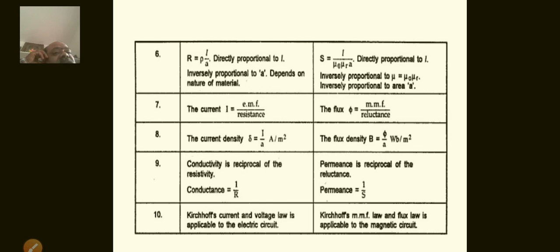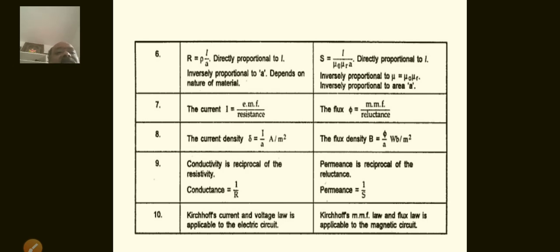This is about the electric circuit. If the length increases, then the resistance increases. If the area of cross section increases, then the resistance decreases. Specific resistance is directly proportional to the resistance. It depends on the natural material.